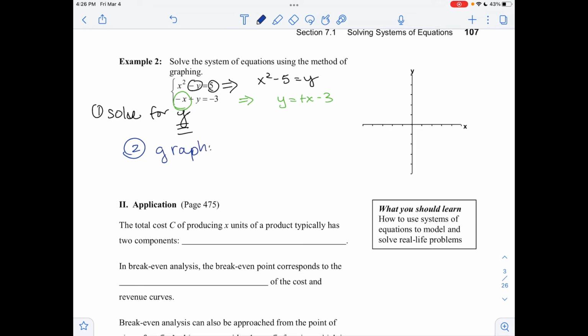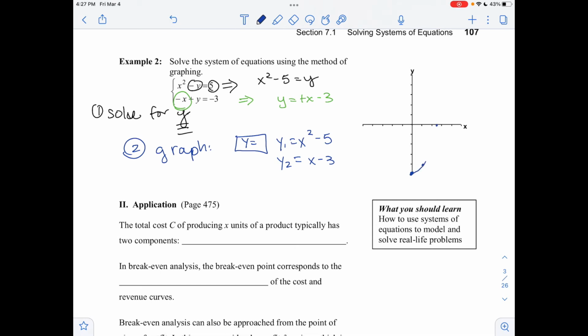Now we're going to use my graphing calculator and graph them. So remember, you're going to find your y equals key, and under y1, I'm going to type in x to the power of 2 minus 5, and on my y2, I'm going to type in x minus 3. What that does is when I hit the graphing key, it will look like this.